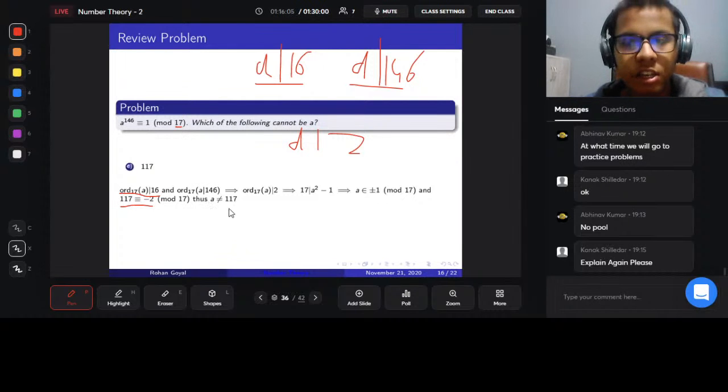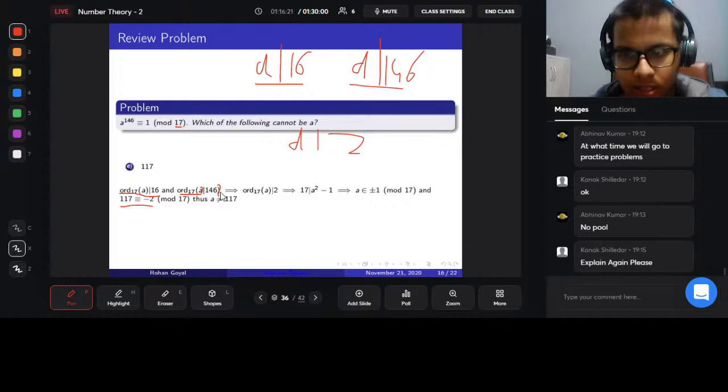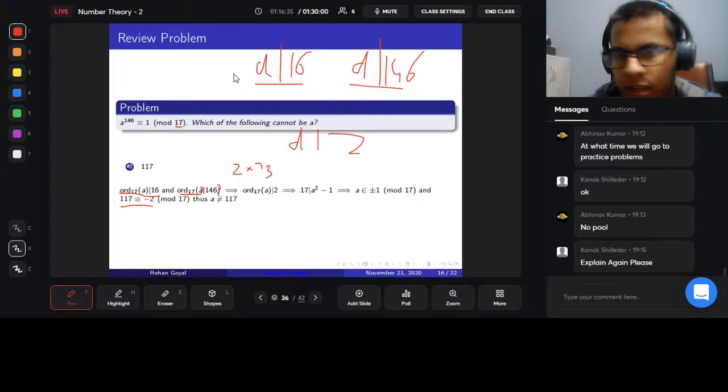And because of our theorem that if a to the k is congruent to 1 mod n, then the order must divide the power, the order of A mod 17 divides 146. Now 146 is 2 times 73. But our order must divide 16 and 2 times 73, so it must divide 2, because 73 is irrelevant. It can't be here. So d divides 2.